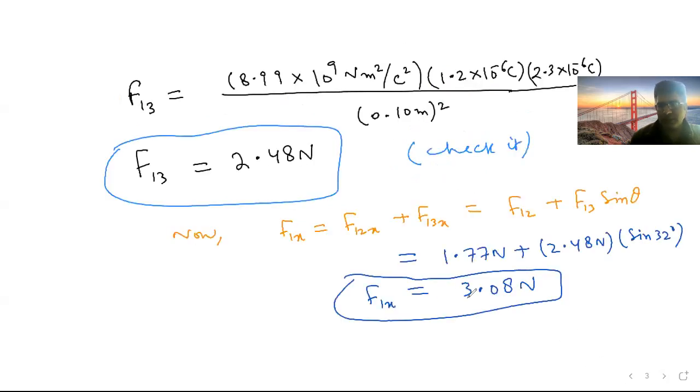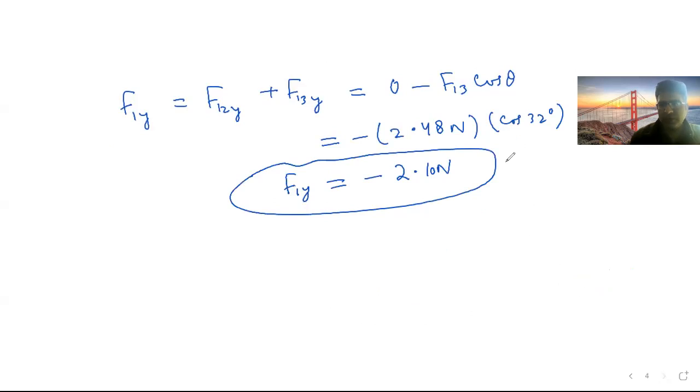As you can see, X component of net force is 3.08 Newton, and Y component of the net force is minus 2.10 Newton. From these components, we can find the magnitude. How we can find the magnitude?